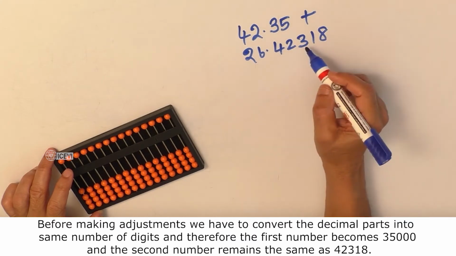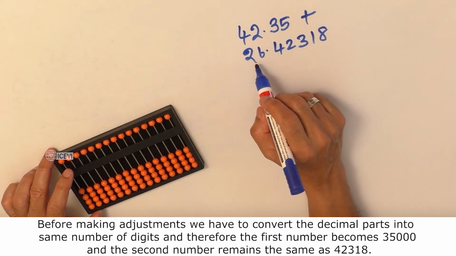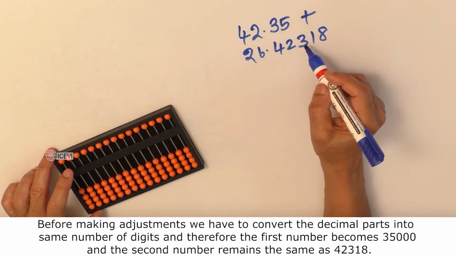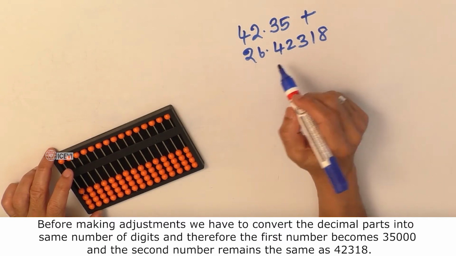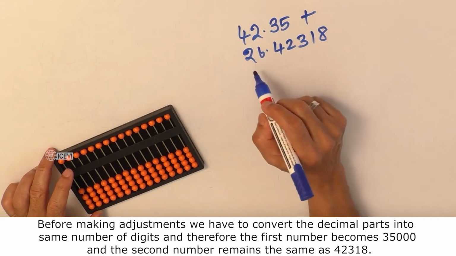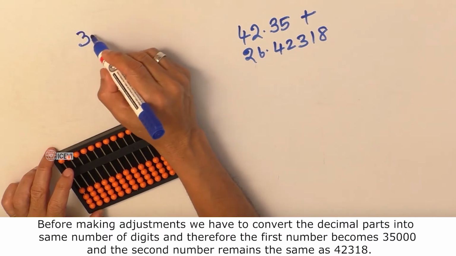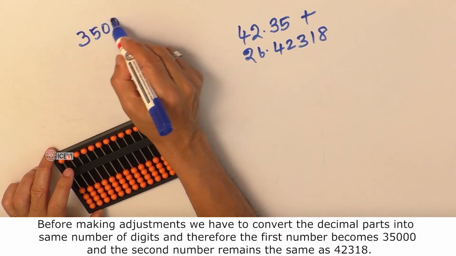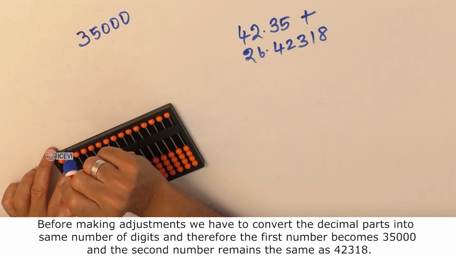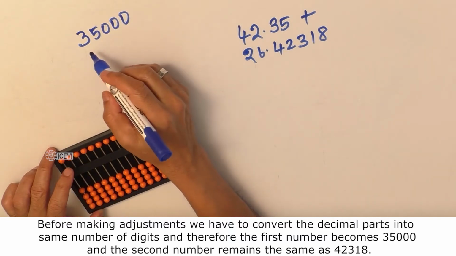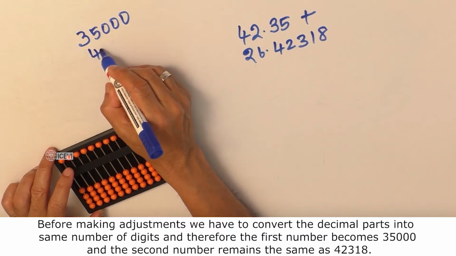Before making adjustments, we have to convert the decimal parts into the same number of digits, and therefore the first number becomes 35000 and the second number remains the same as 42318.